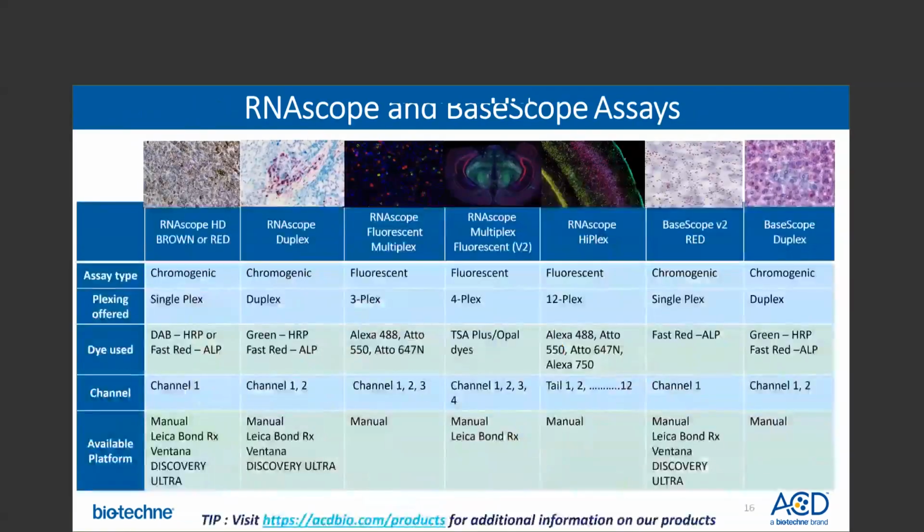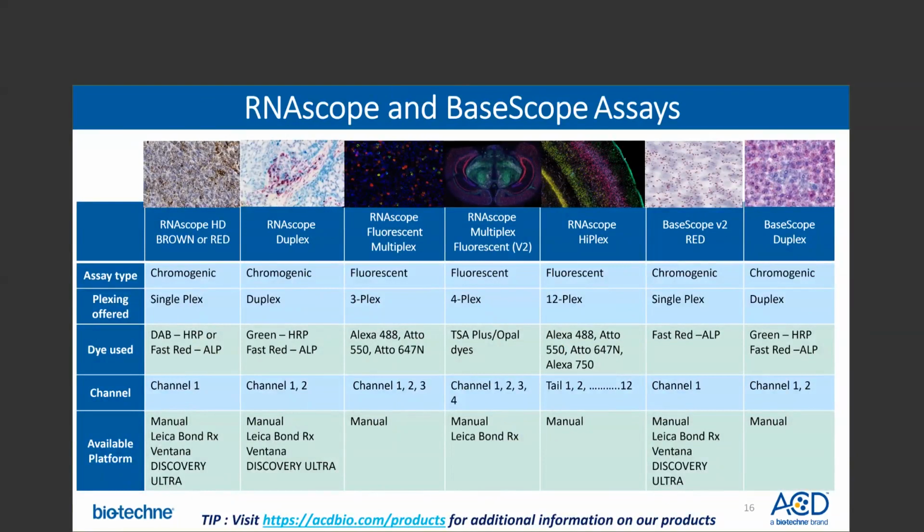On the next slide, we'll review all the different BaseScope and RNAscope assays that ACD offers. To break this slide down, we'll split it into the first two columns to start with. The first two columns show the chromogenic RNAscope assays that are available. You can have chromogenic red or brown single-plex detection, using either DAB, HRP for brown, and Fast Red, ALP for red.